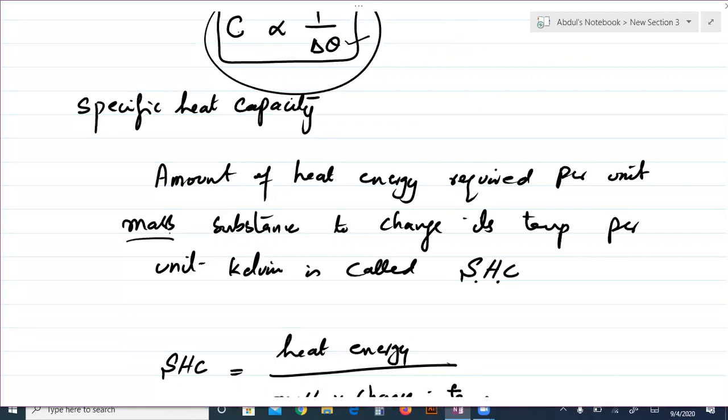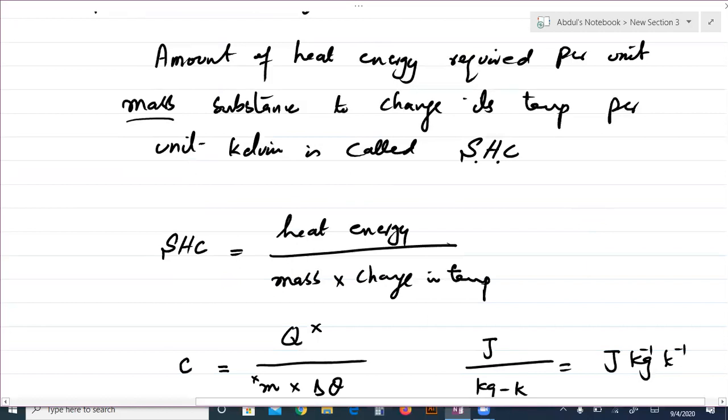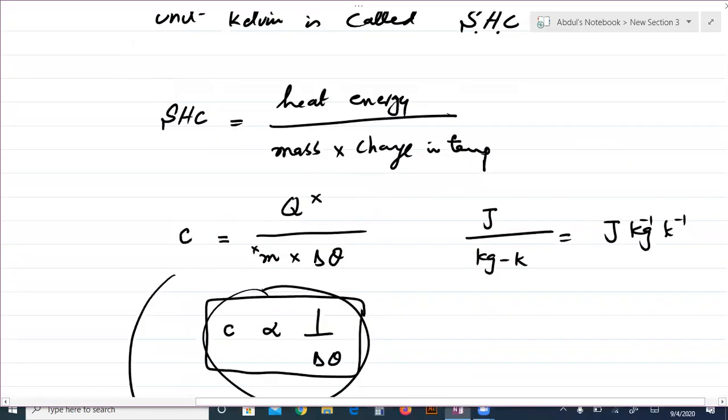So it is for 1 kilogram of substance. Mass is specified. That's why it's specific heat capacity. In heat capacity, mass is not specified. So specific heat capacity is heat energy divided by mass divided by change in temperature.